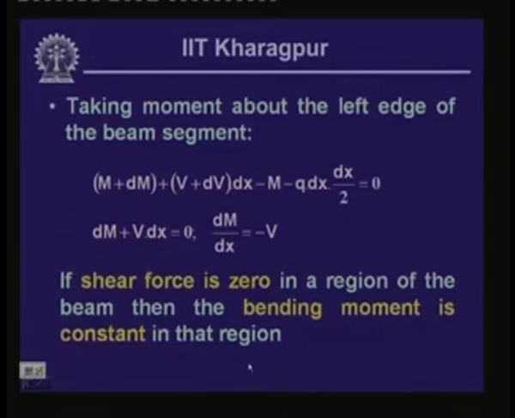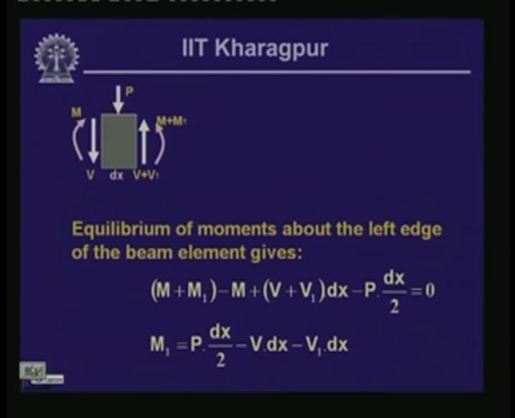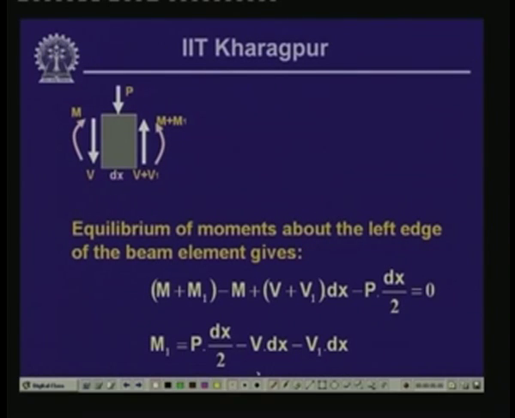As you have noticed, when you have this concentrated load, on the left side of the load we have shear force V and moment M. On the right hand side, the moment is M plus M1, where M1 is given by this particular expression.